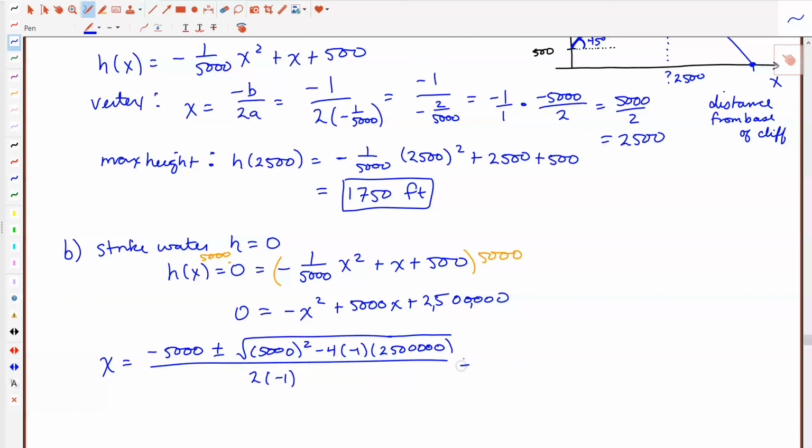Alright, so this gives me then negative 5,000 plus or minus the square root of, and then your discriminant is going to be 35 million. So 35 followed by 6 zeros, all over negative 2.